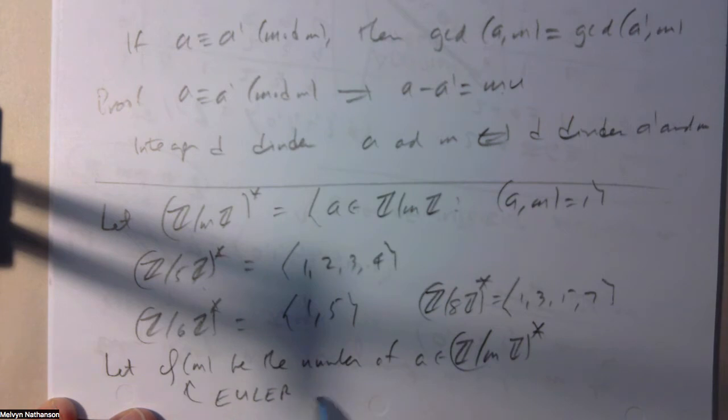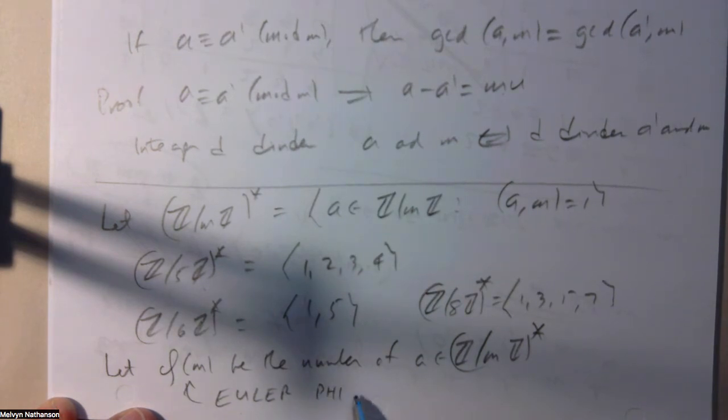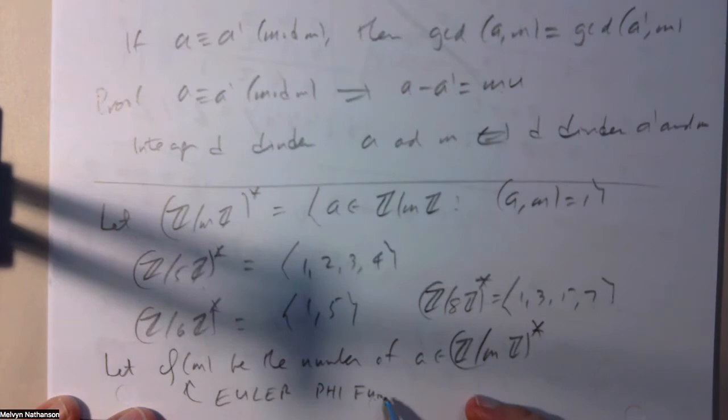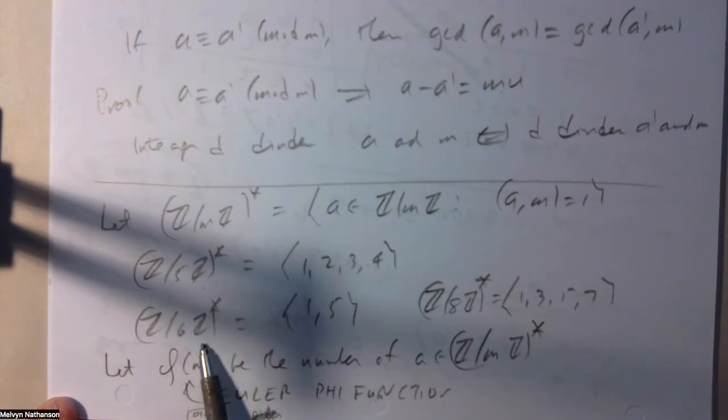This is the Euler phi function, pronounced like O-I-L-E-R, Euler. And phi is this Greek letter. So the Euler phi function is the number of elements in Z mod mZ relatively prime to m.